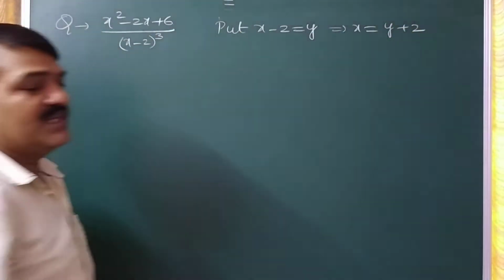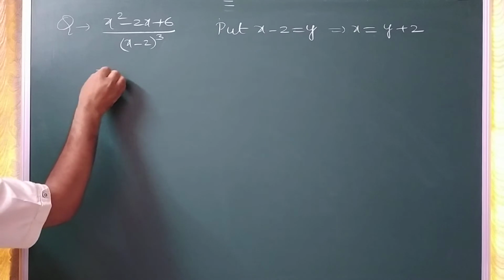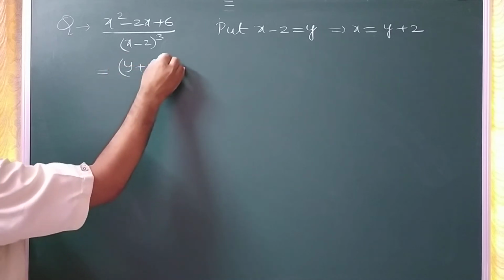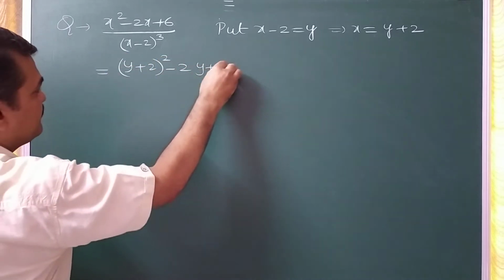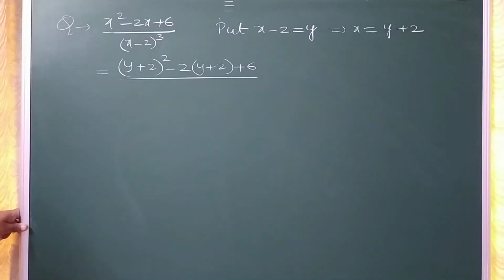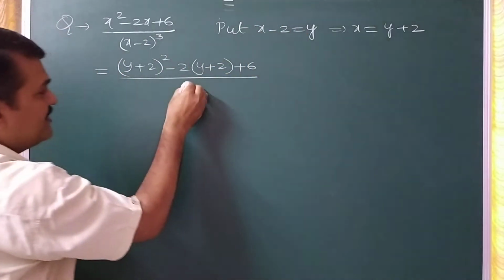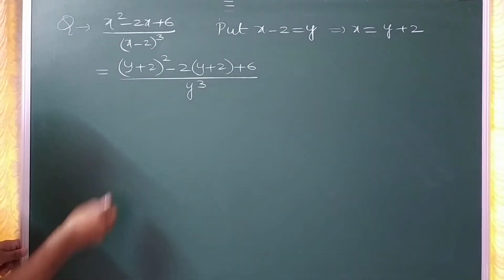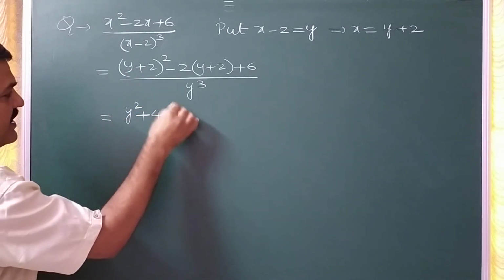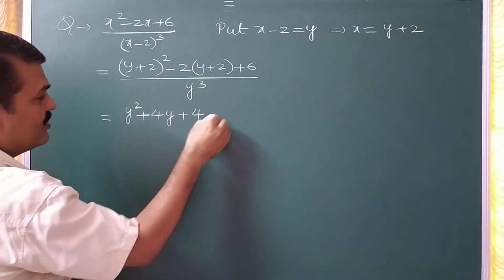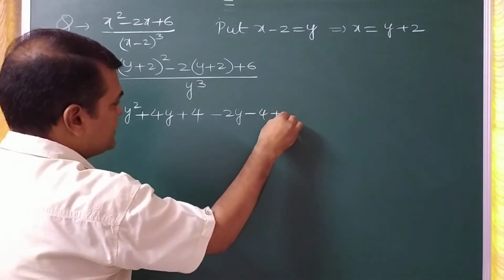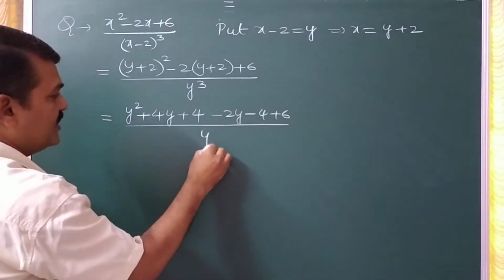This we will substitute in the question. In place of x, put y plus 2. Next, in the denominator, x minus 2 replaced with y gives y cube. Now simplify the numerator: y plus 2 whole square is y square plus 4y plus 4, minus 2 multiplied with y plus 2, plus 6, all by y cube.